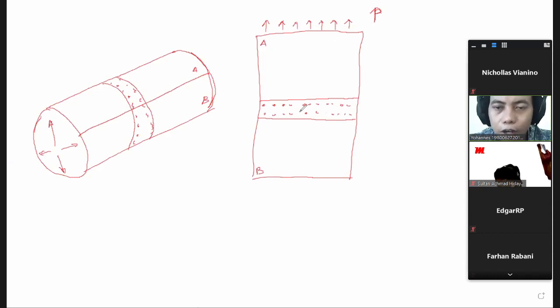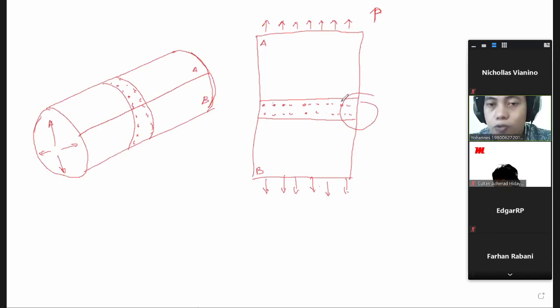And in order to analyze the strength of this joint, we don't have to calculate one by one along this row, because it can contain hundreds of rivets in a single line. If we calculate one by one, it will take a lot of time and require great effort.